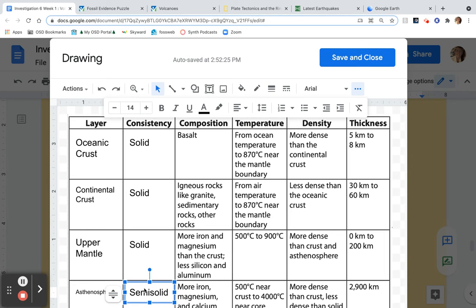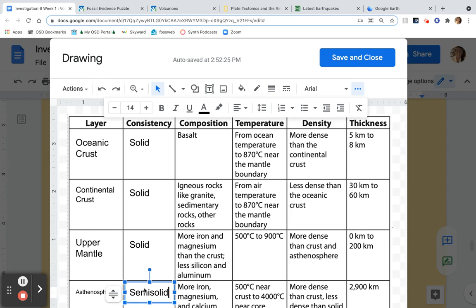And I think it's a semi-solid too because it's got so much magma, hot, molten material. It really can flow, but it's also got a lot of pressure, so that makes it partially a solid and partially a liquid.